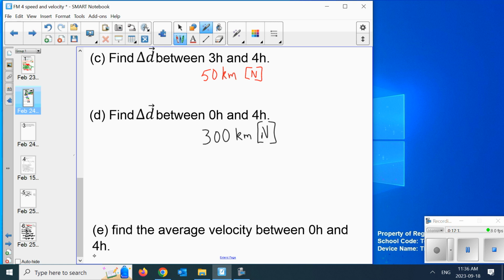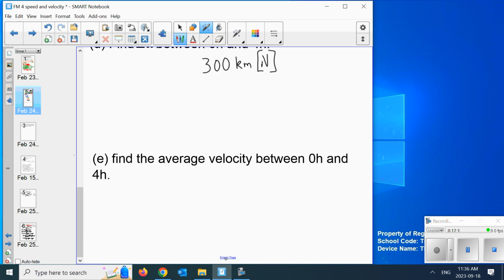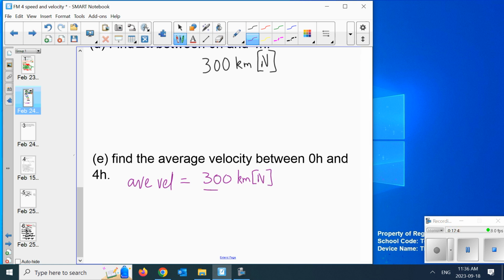Well, for average velocity, we know not to add three things up. We take our total displacement, we don't even need to write the formula. Average velocity equals the total displacement, 300 kilometers north, divided by 4 hours.